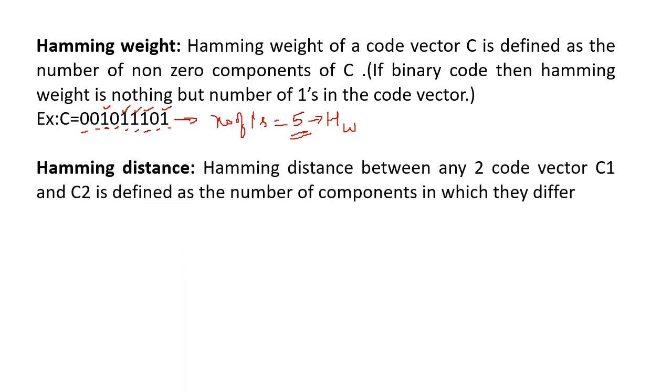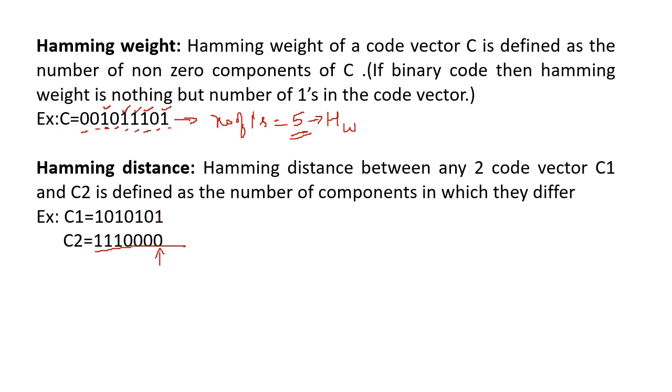Next, Hamming distance. Hamming distance between any two code vectors C1 and C2 is defined as the number of components in which they differ. Example, if C1 is 1010101 and C2 is 1110000, then we need to find in which bits they differ. Looking at the LSB, it is 1 and 0, so it differs in this position.